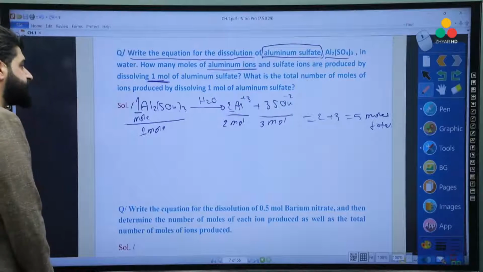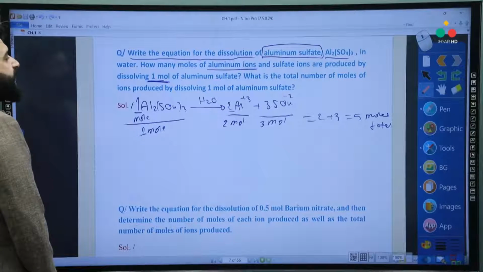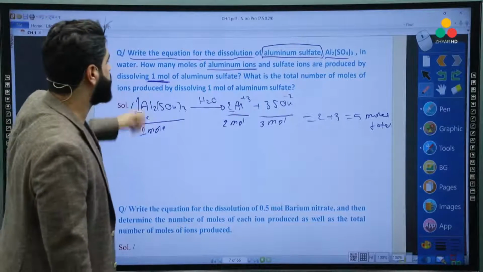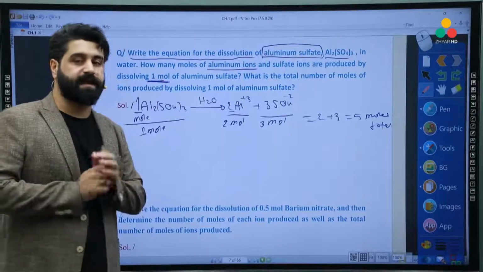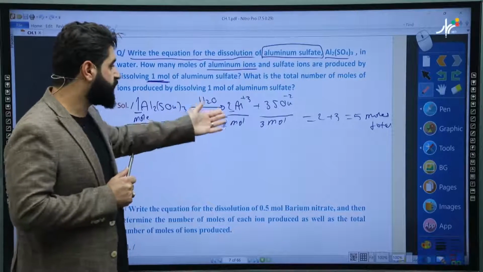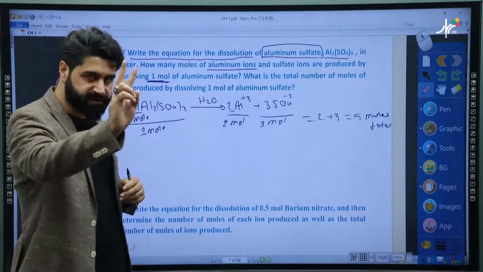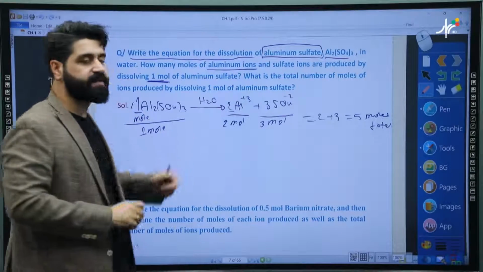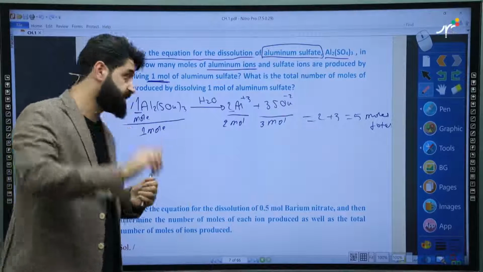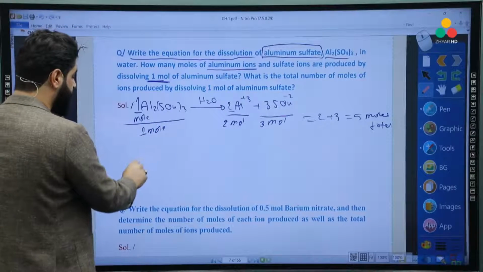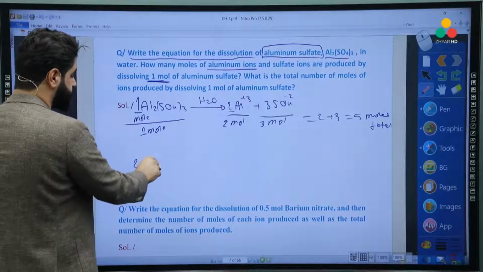But what if we have this formula? Calculate the number of moles of aluminum and sulfate, and the total, when 2 moles of aluminum sulfate is dissociated. Then what if we have 2 moles?